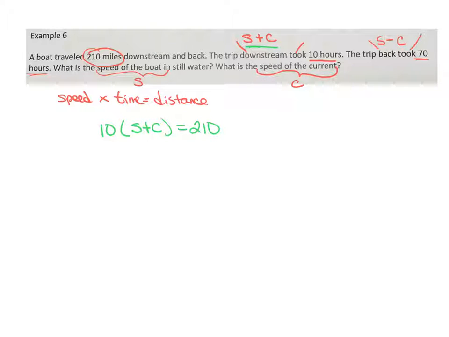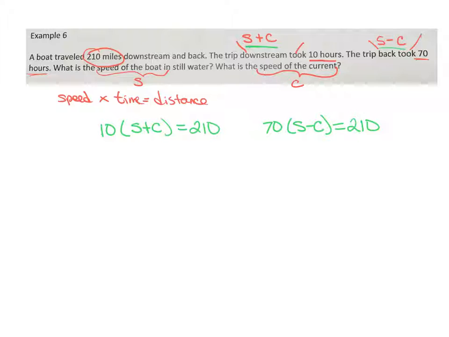Now, for the trip back up, again, you're going to have 70, which is your time, times your speed, which is S minus C. Right there, we talked about it, equals, again, the same distance, 210 miles.